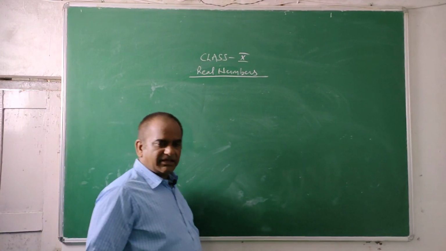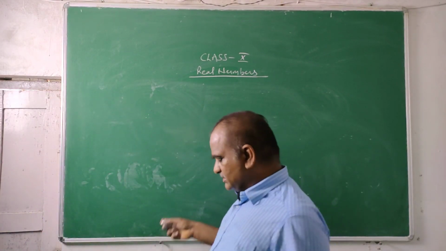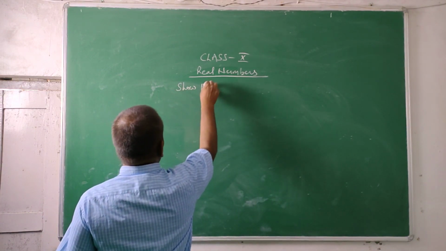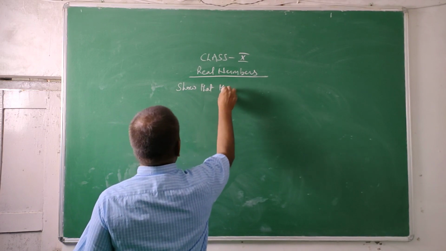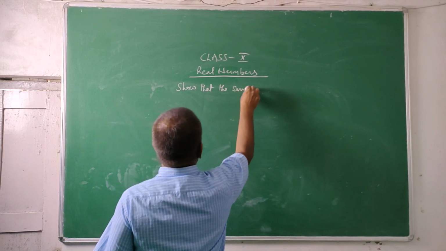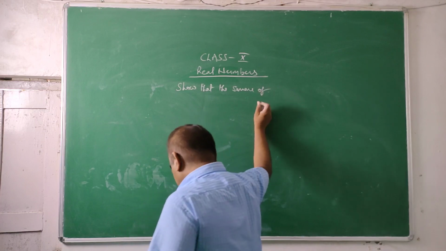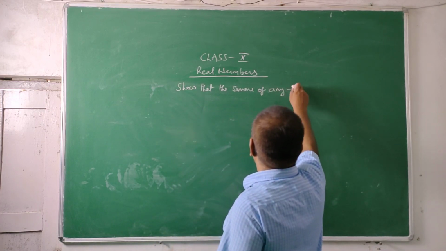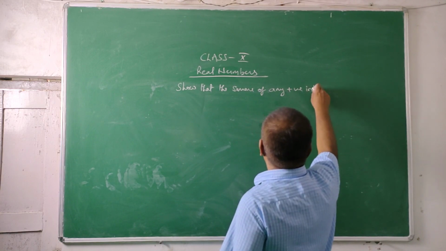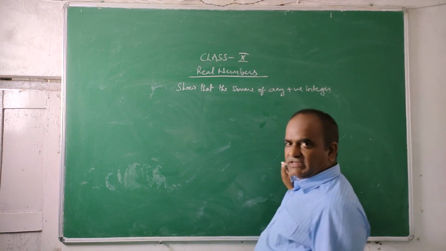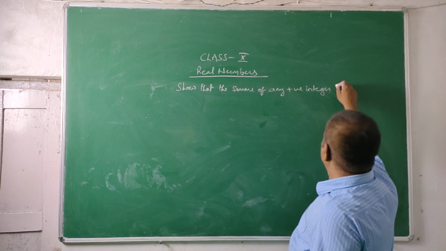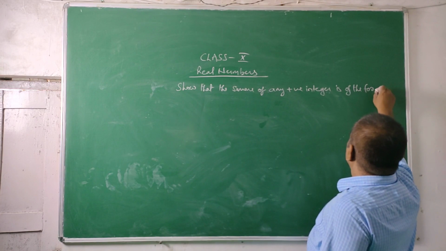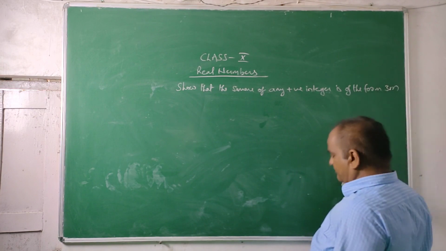Now the next theorem is: show that the square of any positive integer is of the form 3m or 3m plus 1.